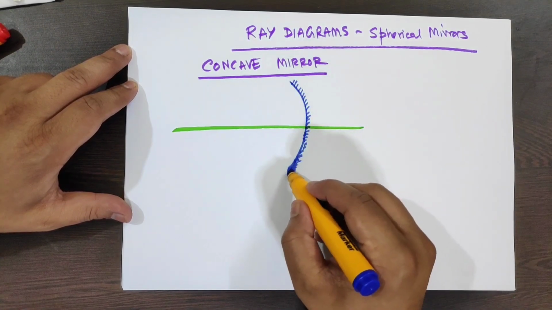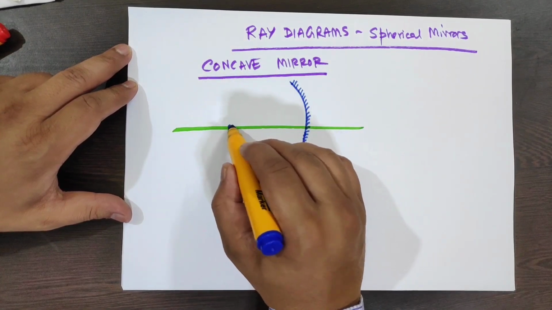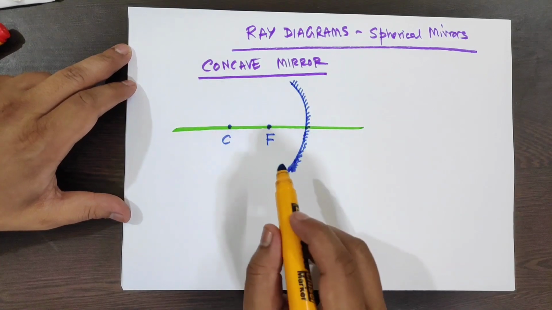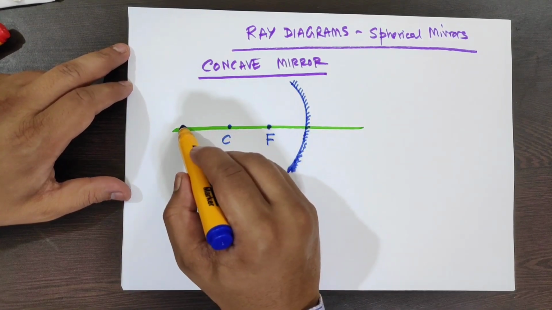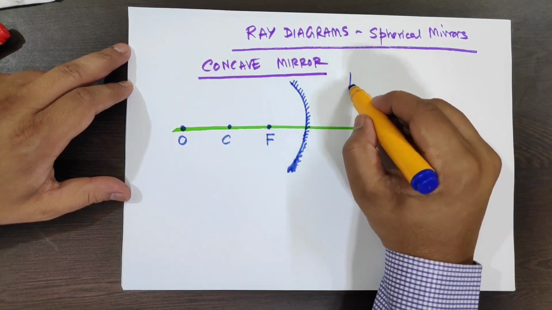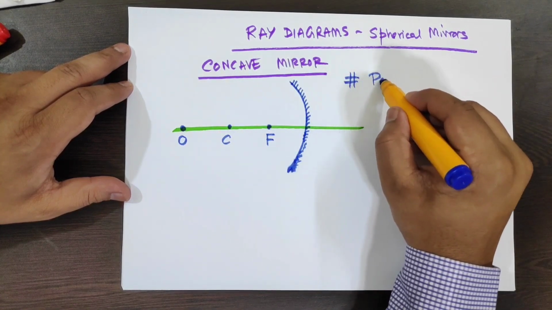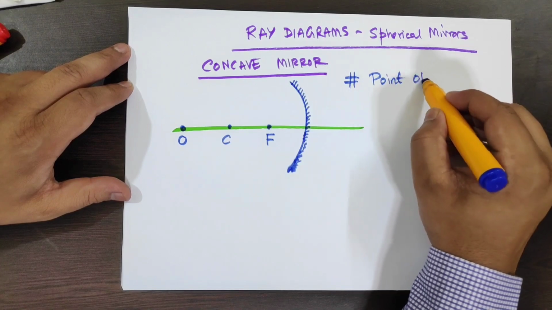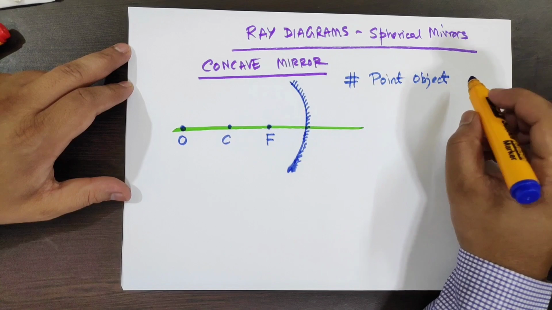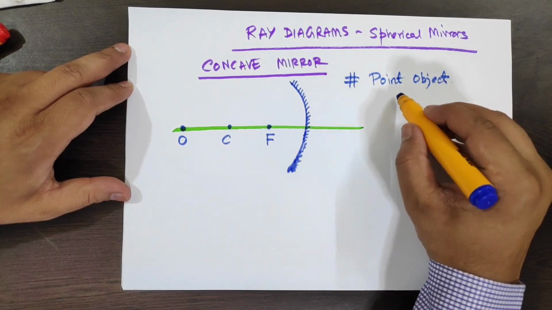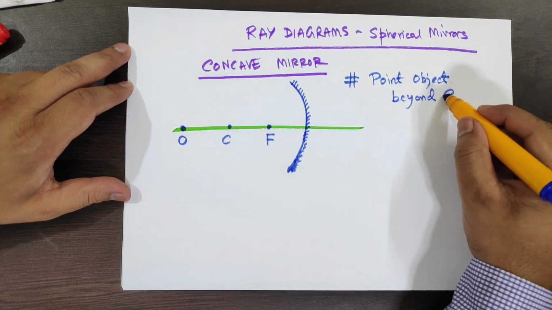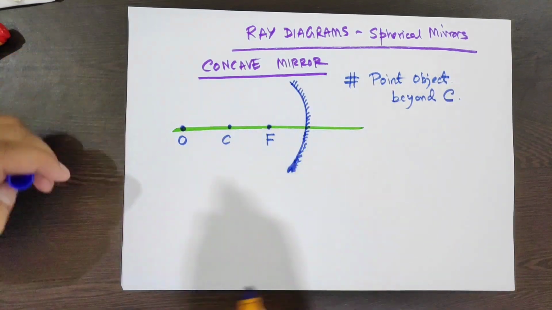This is the silvered side, and this is center of curvature, and this is focus. Okay. First, suppose there is a point object O. The first case, point object beyond center of curvature, beyond C.